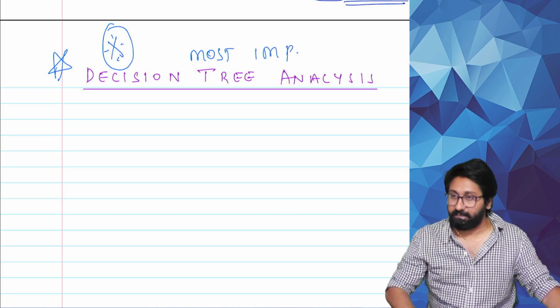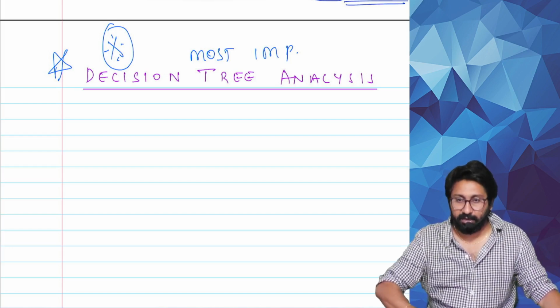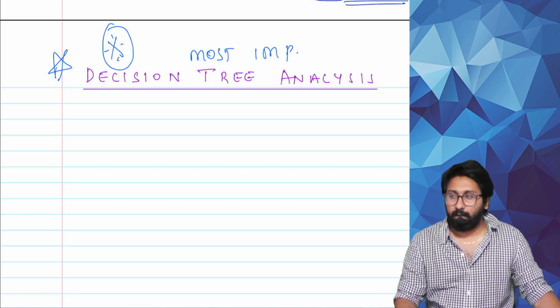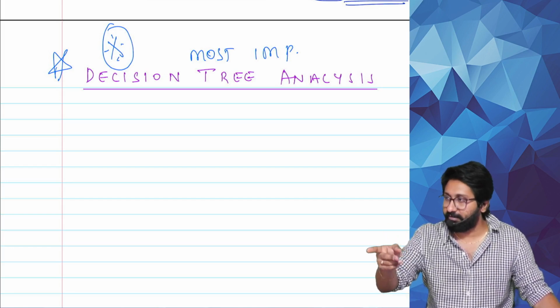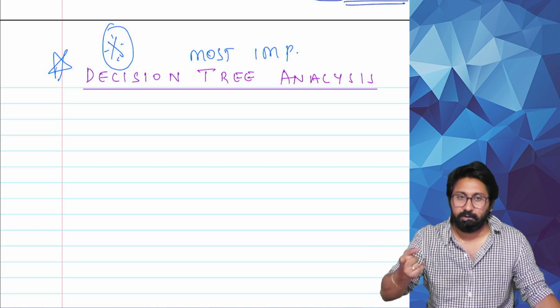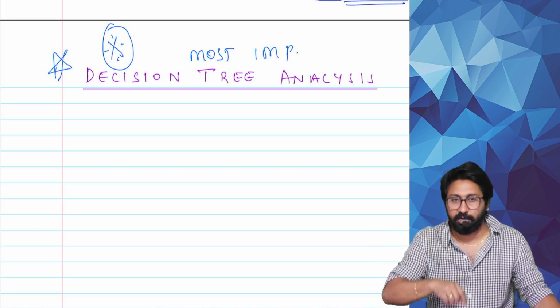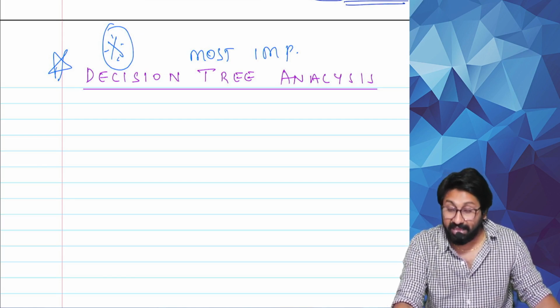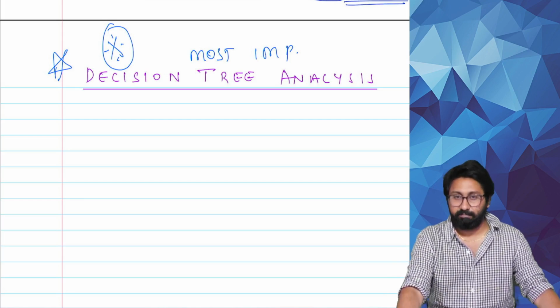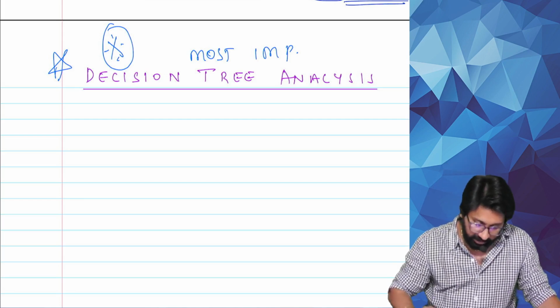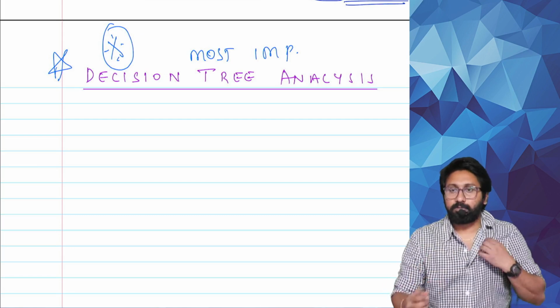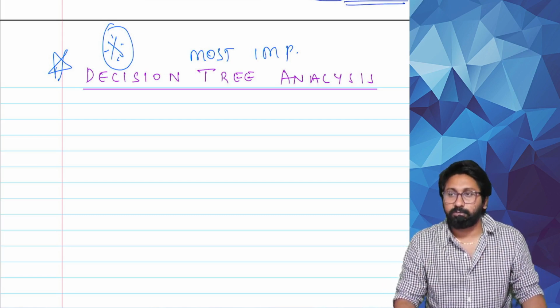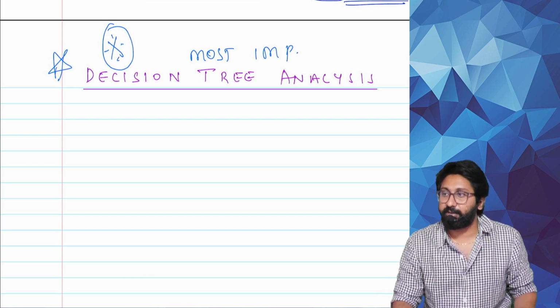Most important for the exams, decision tree analysis. How will it apply? Two types of problems we will first do now. One problem is on cumulative joint probability, another one is on joint and cumulative probability. Both the problems, once you have done, you will get clarity as to how to do this. Okay. So let us continue. Let's start. So the next concept we are going to start is decision tree analysis.